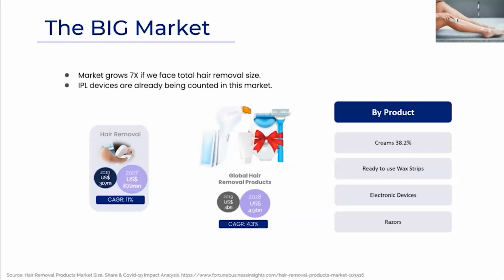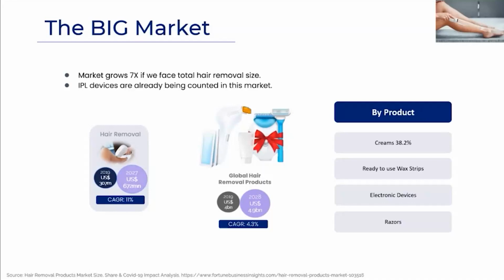So this is a lot in electronic devices, but a lot of the market is gained by the creams, ready-to-use wax strips or razors, which are the most convenient for the users. However, we have a lot of opportunity, since we are not only the 7% of the market, or we can not only go to the aesthetic market, but we can go also for a bigger consumption market.